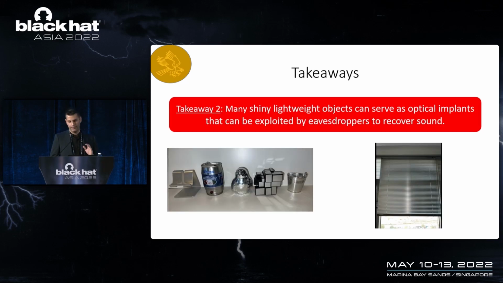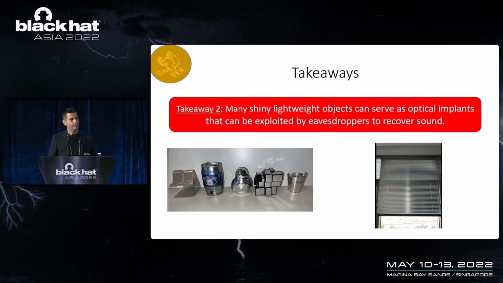Moreover, as you can understand, many shiny, lightweight objects can serve as optical implants that can be exploited by eavesdroppers to recover speech. In some cases, they are completely innocent objects like desktop ornaments, a smartphone stand, or an empty beverage can.